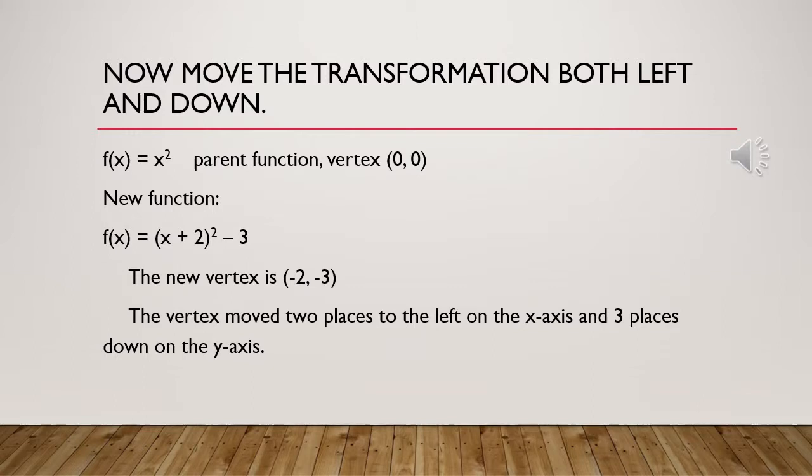The new vertex is -2, -3. The vertex moved 2 places to the left on the x-axis and 3 places down on the y-axis. The shape of the line did not change, but its location on the graph changed.